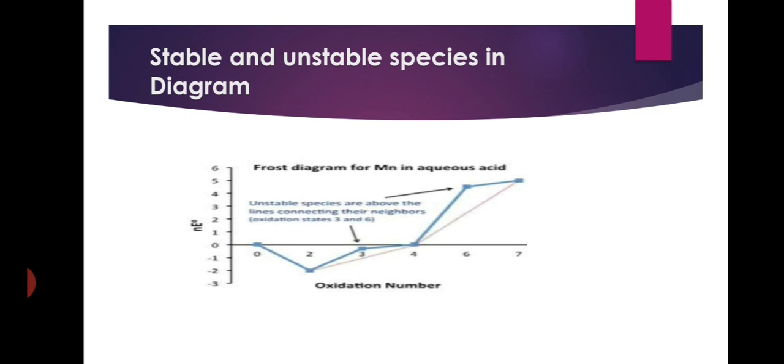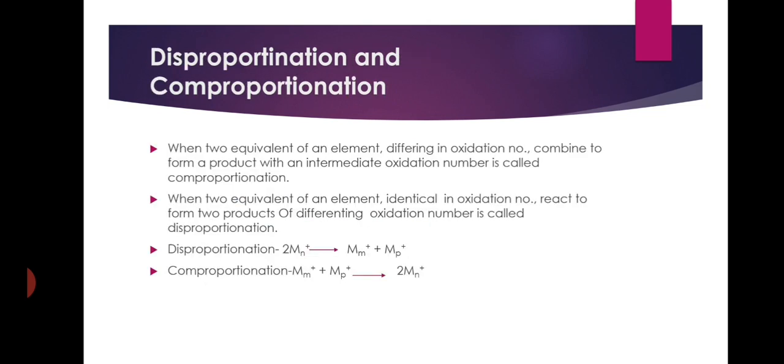When we look at the oxidation states between +4 and +7, the +6 oxidation state is an unstable species because it is above the line connecting its neighbors. So +6 is an unstable oxidation state, and +2 is the stable oxidation state of manganese.